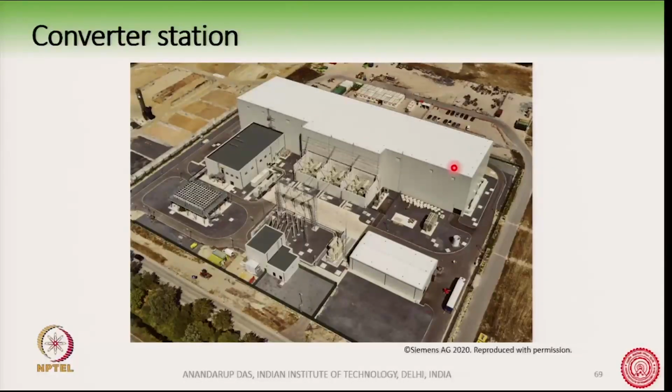Not shown here, or not visible here, I do not see it, is that sometimes we can see the arm inductors from outside. Probably in this picture the arm inductors are inside the box, but sometimes they are outside. And you will see that these are cylindrical shaped air core inductors.